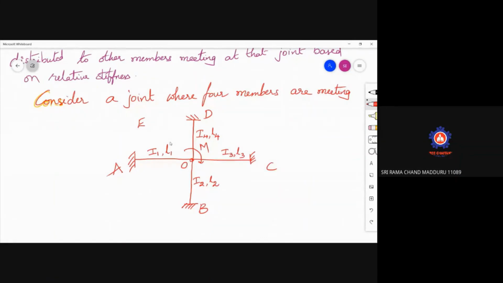Now in this, you know that the relative stiffness is K1 here, K2, K3 and K4. So K1 is equal to I1 by L1, K2 is equal to I2 by L2, K3 is equal to I3 by L3, K4 is equal to I4 by L4.